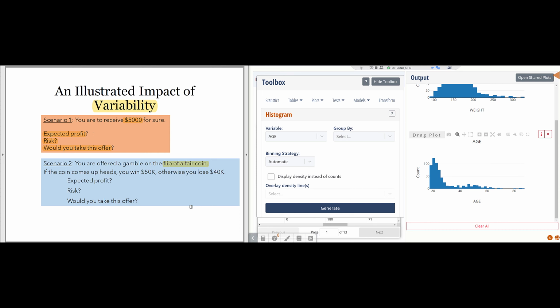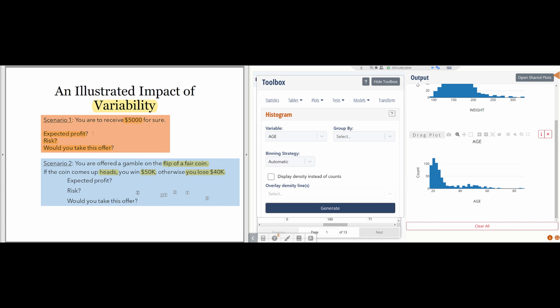That is, the probability of getting a head is exactly equal to the probability of getting a tail. They're both 0.5. If we get a head, I will give you $50,000. But if we get a tail, you are going to have to pay me $40,000.